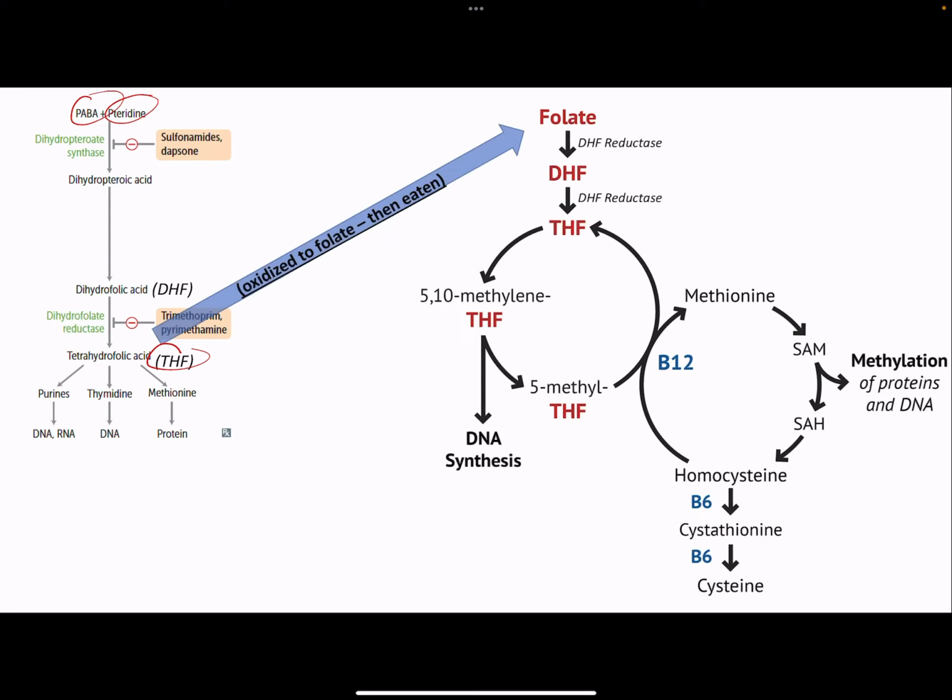So either we're eating the plants, we're eating the thing that's eating the plants, or we're eating the thing that eats the thing that's eating the plants. This folate is then going to make its way to us. And folate is not active until dihydrofolate reductase, which works twice in a row, turns it into dihydrofolate, then tetrahydrofolate. We're then going to slap a methyl group on it to make it 5,10 methylene tetrahydrofolate, and blah, blah, blah.